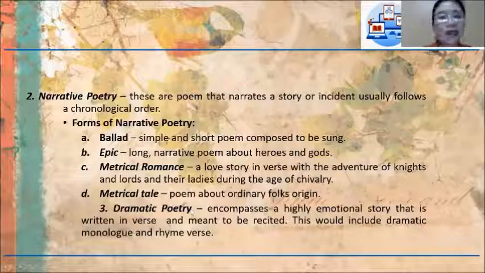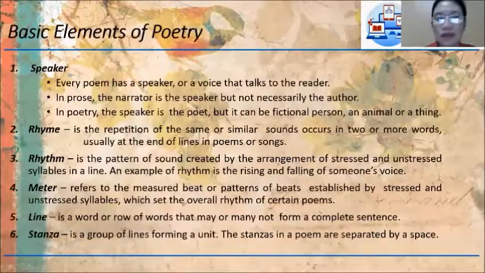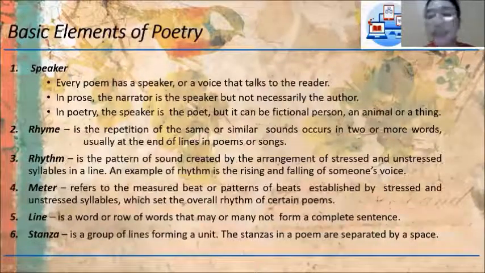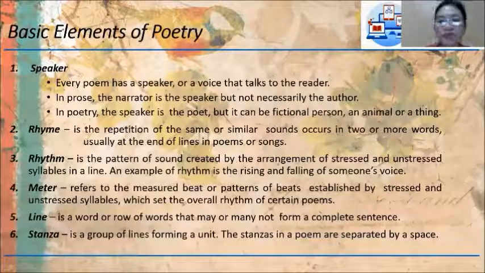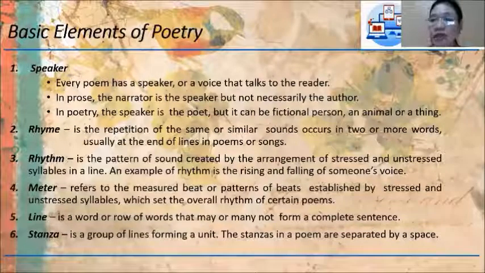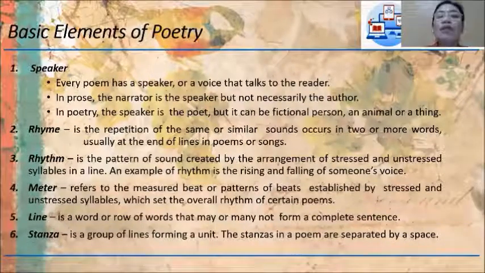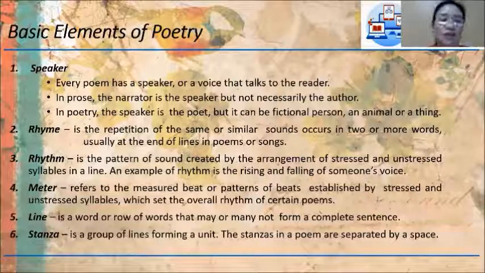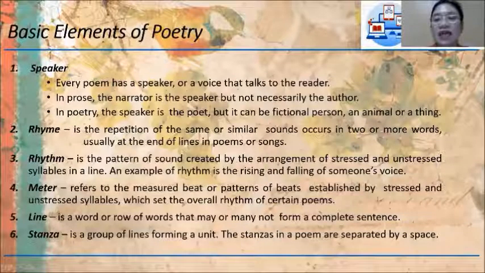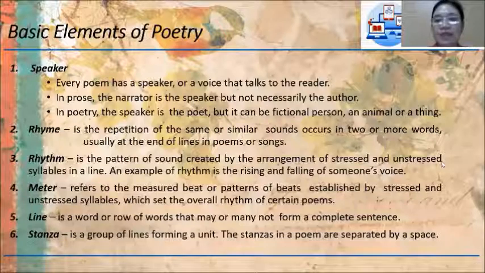Okay, now still in poetry, because this is our focus. What are the basic elements of poetry? Okay, what are the elements? So we have here six basic elements of poetry. Number one is speaker.